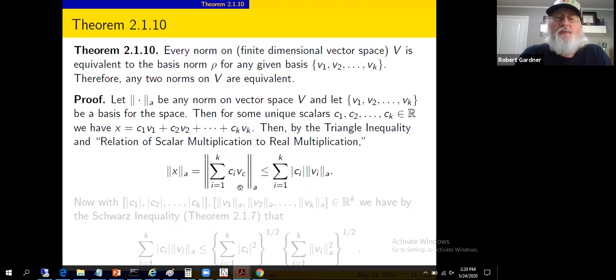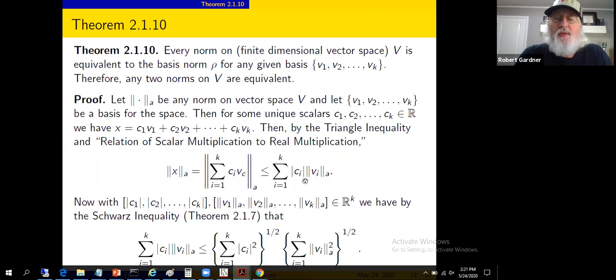If this A norm really is a norm, then the triangle inequality holds, and the other properties of a norm. We can break this up using the triangle inequality and that behavior about scalar multiples to say that whatever this norm is, it's less than or equal to the sum from 1 to k of the absolute value of coefficients times norms of the V sub i's.